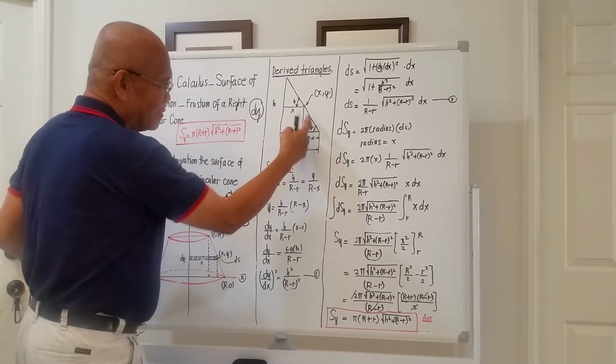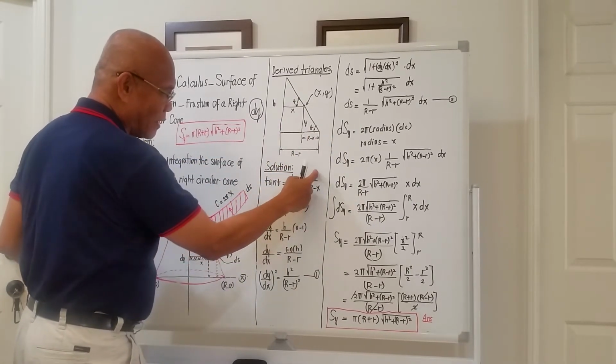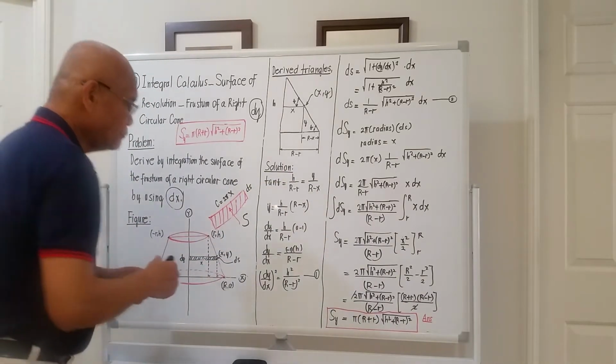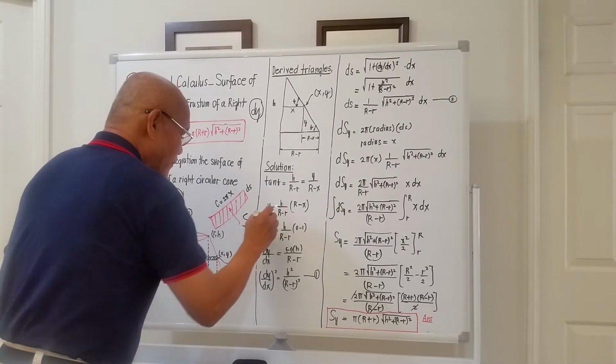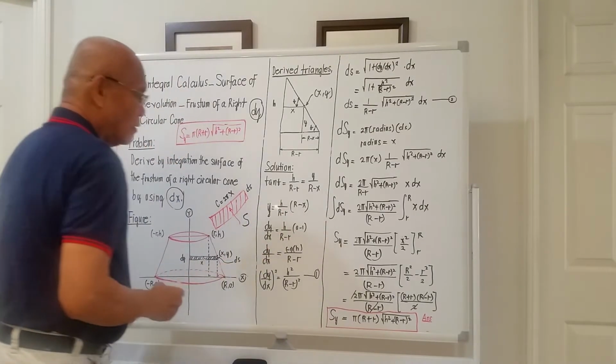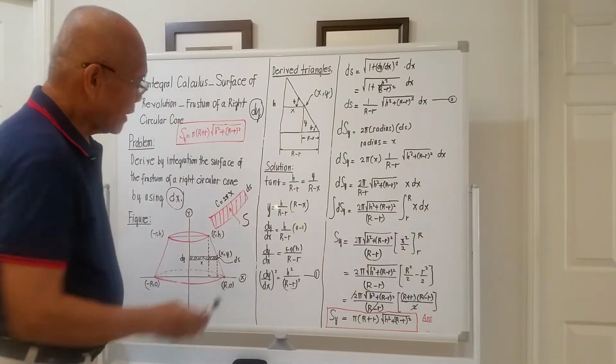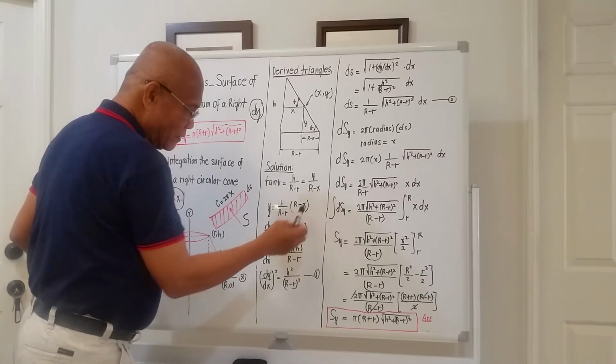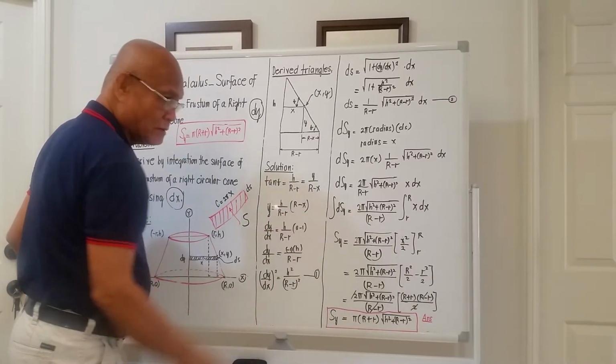It should be y over r minus x. If we compute for y, y will be the ratio h over big R minus small r times the quantity big R minus x.